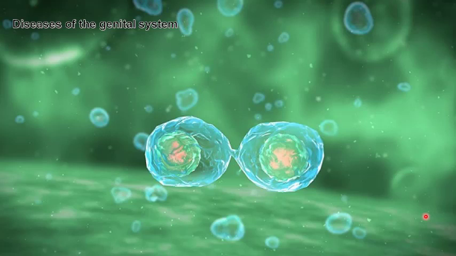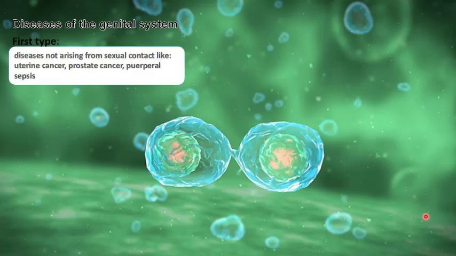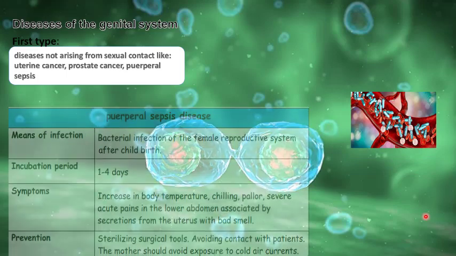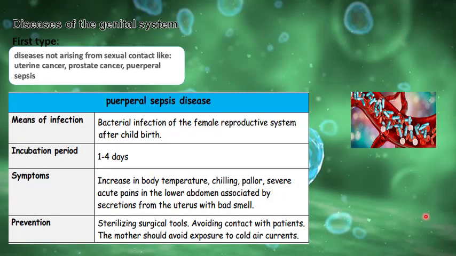Now, the last part of this lesson, the diseases of the genital system. The first type of these diseases is not arising from sexual contact, like uterine cancer, prostate cancer, and puerperal sepsis. We will take one of them, which is puerperal sepsis. Means of infection: bacterial infection of the female reproductive system after childbirth.